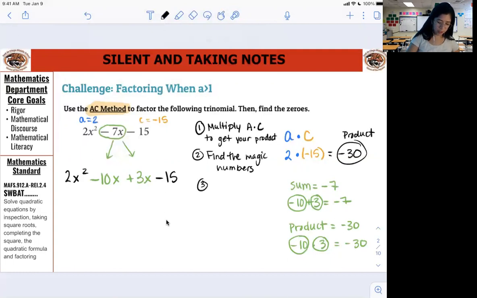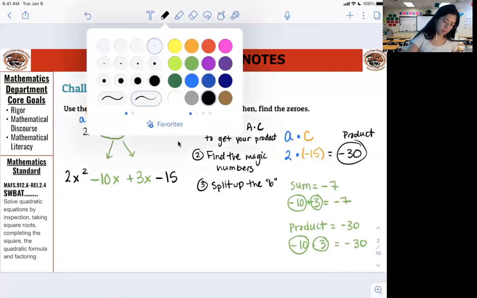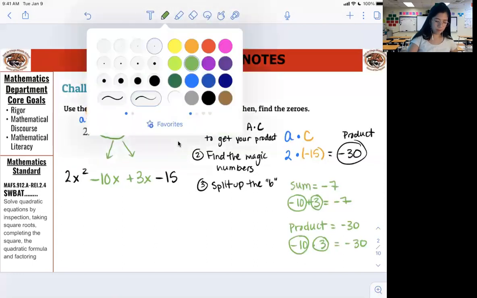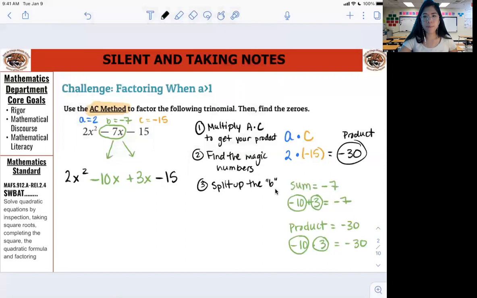And then step 3, which we just did, was we split up the B. Remember, -7 is my B. Let me write that down. So we split up the B into the two magic numbers.